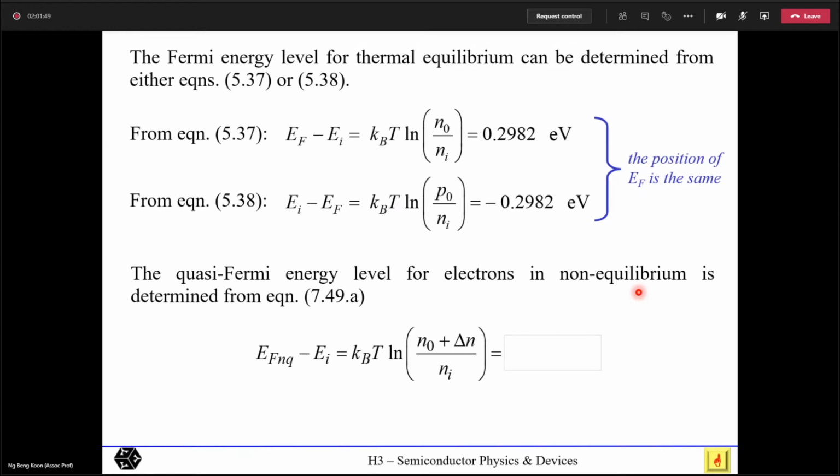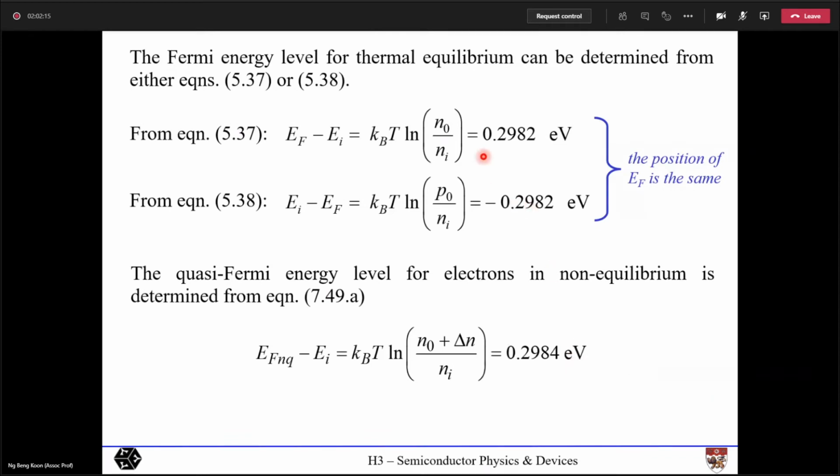Now, in the non-equilibrium case, if you apply your Fermi level equation for electrons, take note that it's now non-equilibrium, so we write it as EFnq. The concentration becomes n0 plus delta n, and if you put the values in and work through, for electrons you get 0.2984 eV.